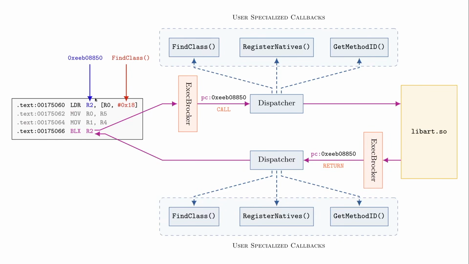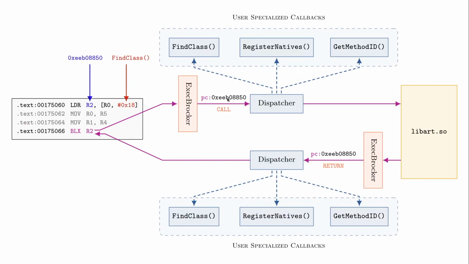Here is an example that is typically used when calling a JNI function. First it loads the address of FindClass into R2, but you don't know that it is FindClass. Then there is a BLX R2, which is a call to an external function. So the exec broker detects that there is an external call.